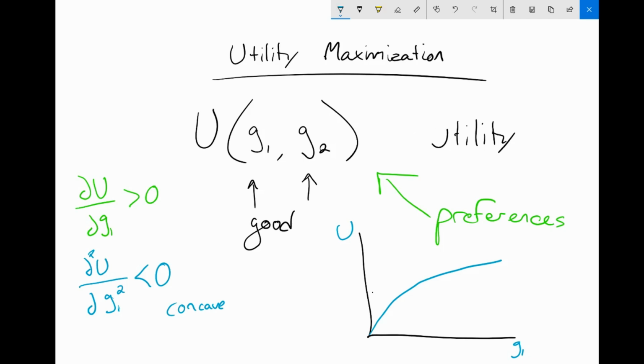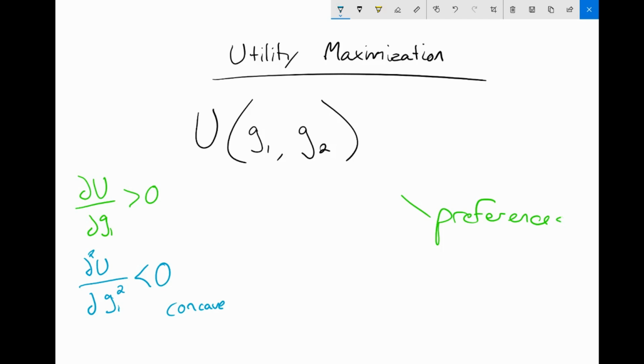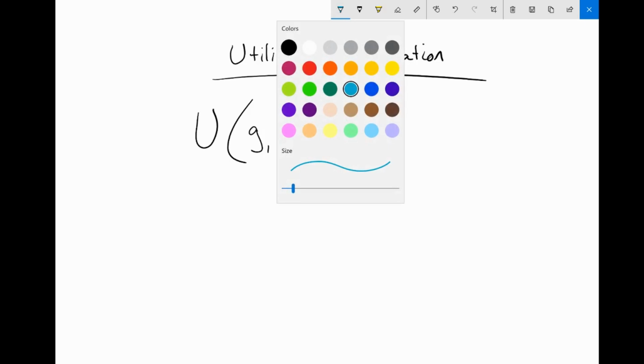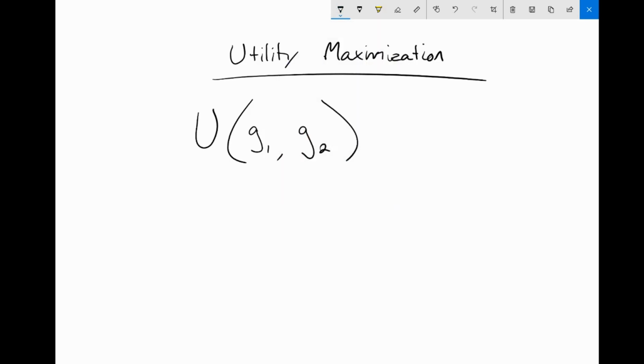Well, now what we want to start to do today is take it to the next level. Now we want to look at how people make decisions. And if you remember, we said that people make decisions by getting as much of what they prefer as they can, given their constraints. So another way that we're going to put this, and in fact we're going to put it this way for the rest of the course, is we're going to talk about agents maximizing their utility.